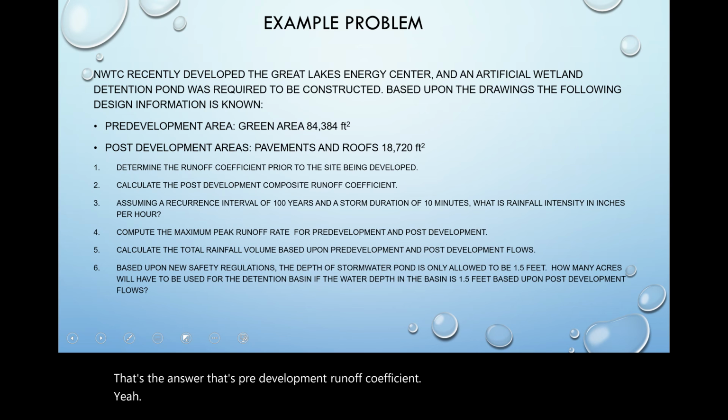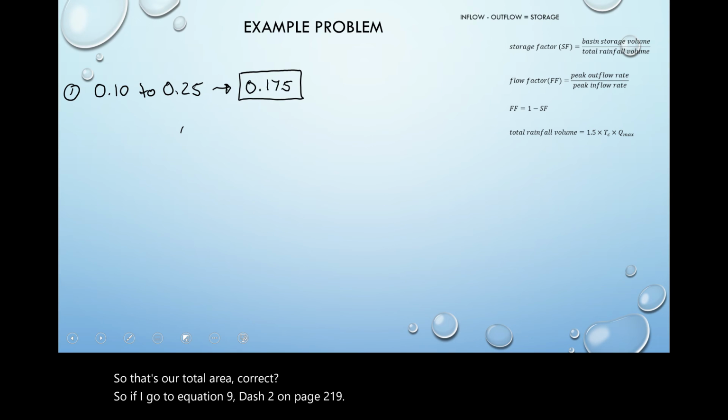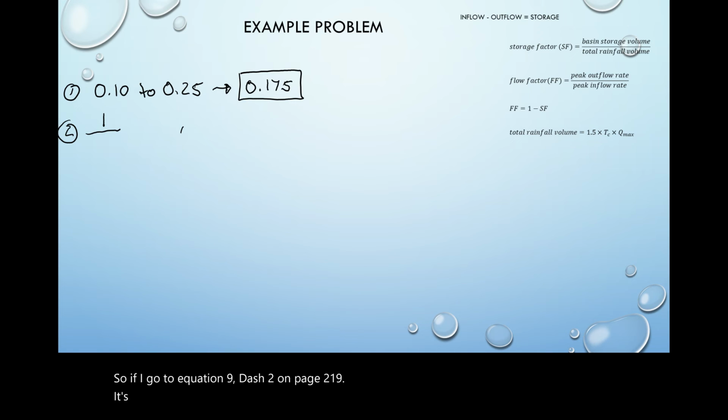So that's problem 1. Problem 2, calculate the post-development composite runoff coefficient. Pre-development area, that's our total area, correct? So if I go to equation 9-2 on page 219, it's 1 divided by my total area of 84,384 square feet.